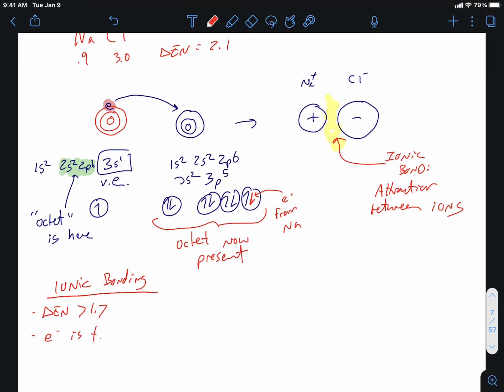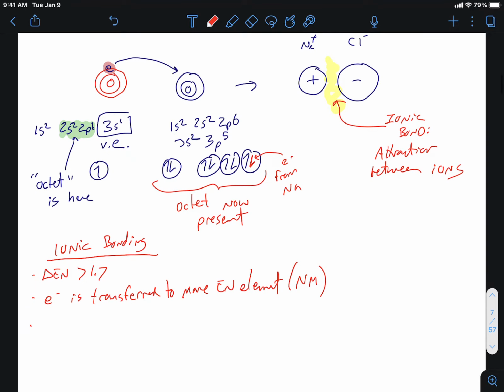Electron is transferred to the more electronegative element. That means the nonmetal. And now ions form. Attraction results.